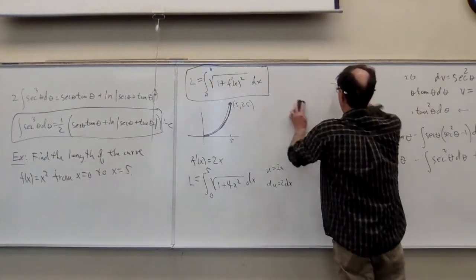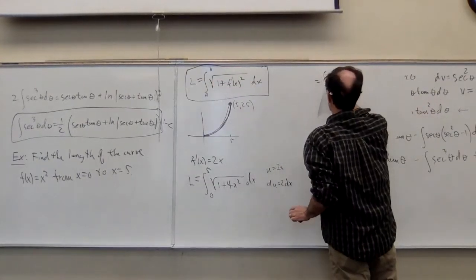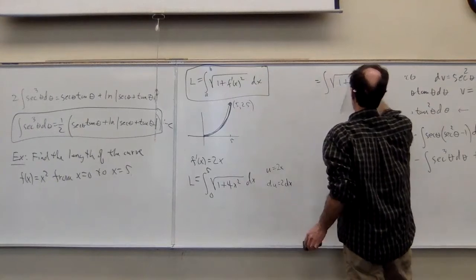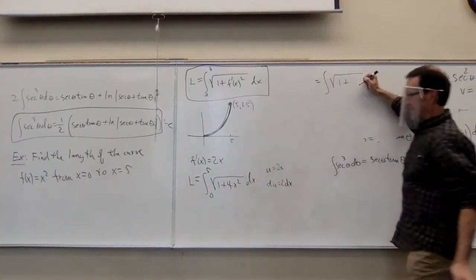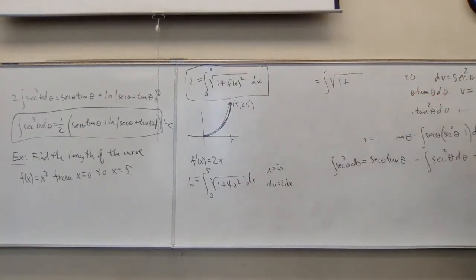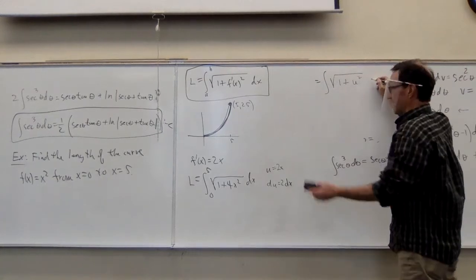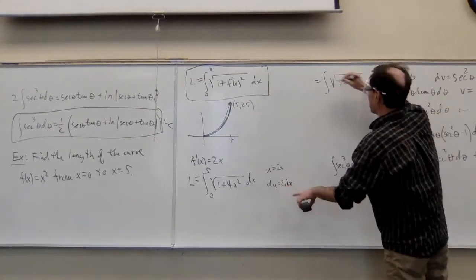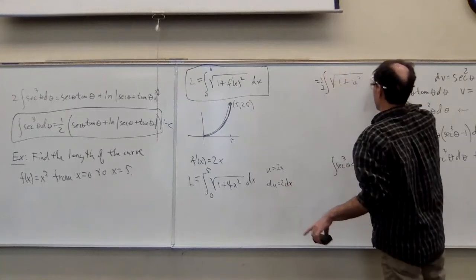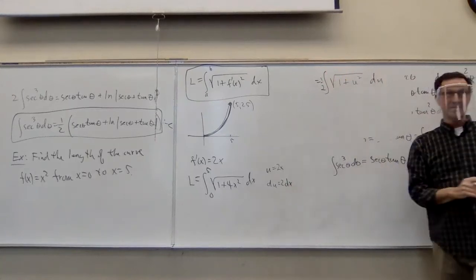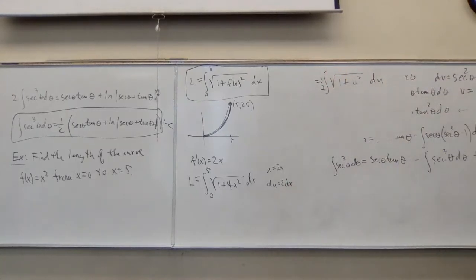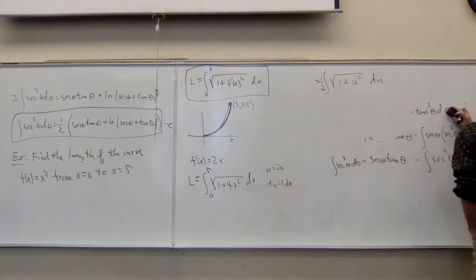And then we get the integral square root of 1 plus what? u was 2x. u squared, yeah. So it looks like the kind we've been talking about. The differential, I need to divide by that 2. Let's push the 1/2 out in front. So now I have exactly a case 3 antiderivative from section 3.